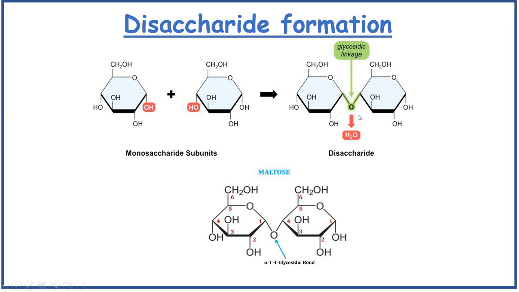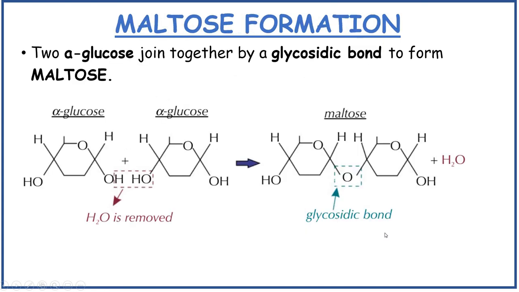So you've got your glycosidic linkage and your water molecule goes away. What you get is an alpha 1,4 glycosidic bond because it's between the 1st carbon and the 4th carbon. So to form maltose, 2 alpha glucoses join together by a glycosidic bond. It's a condensation reaction because you remove water.